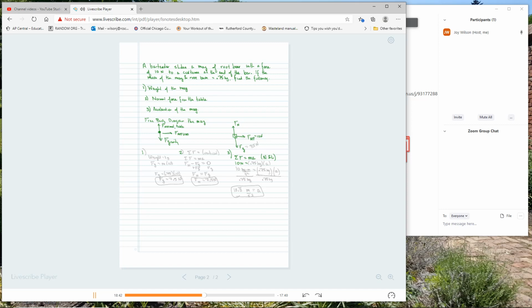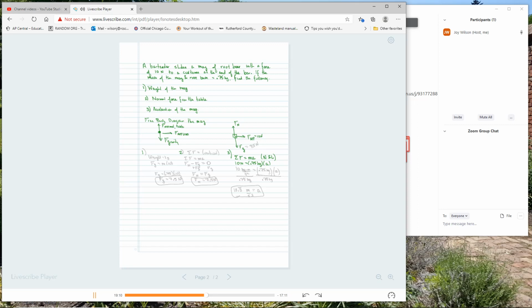Now, we get tired of writing. Let me come back over here real quick. We get tired of writing kilograms times meters over second squared every time we have a force. It's always going to be that because you always have a mass and you always have an acceleration. So people decided to honor Isaac Newton by making this unit called a Newton.